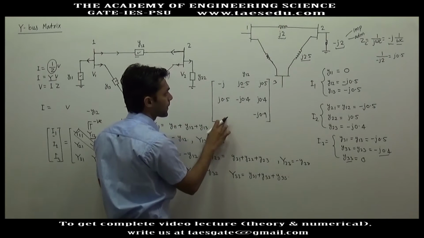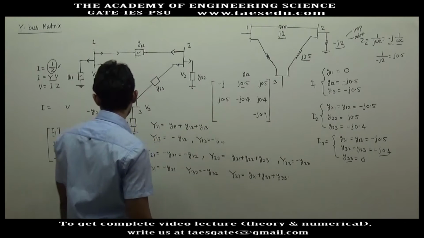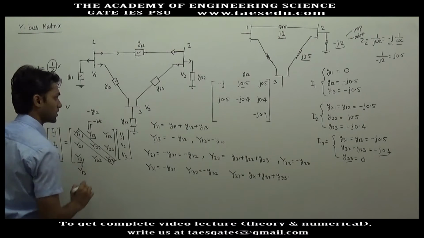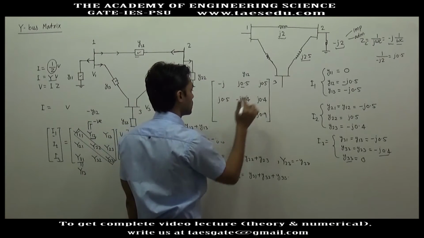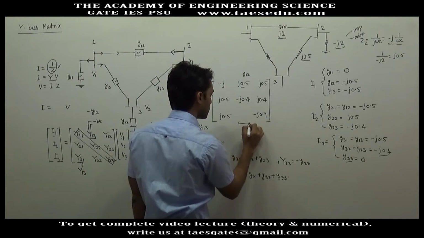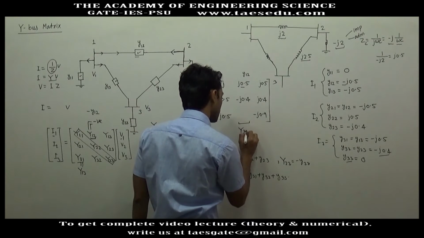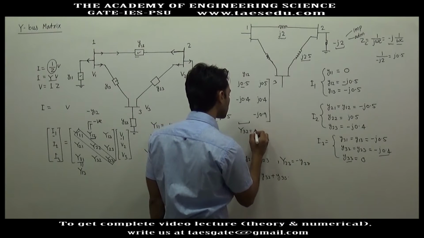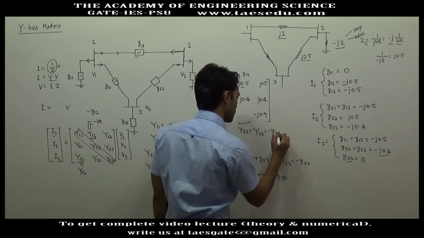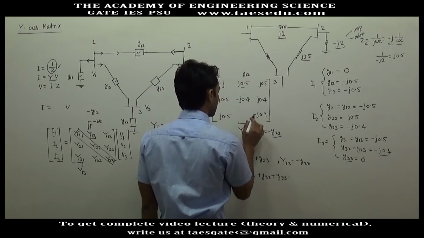Here you have Y31, which will be equal to Y13, and capital Y13 is j 0.5. And here you have capital Y32, which is nothing but capital Y23, the minus of small y23, so it is plus j 0.4.